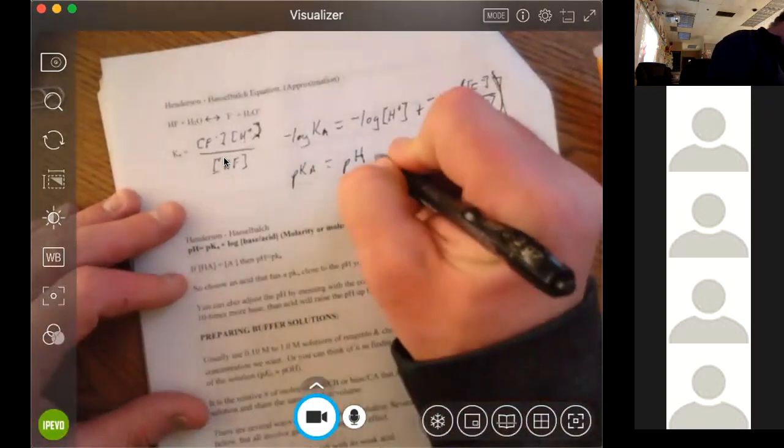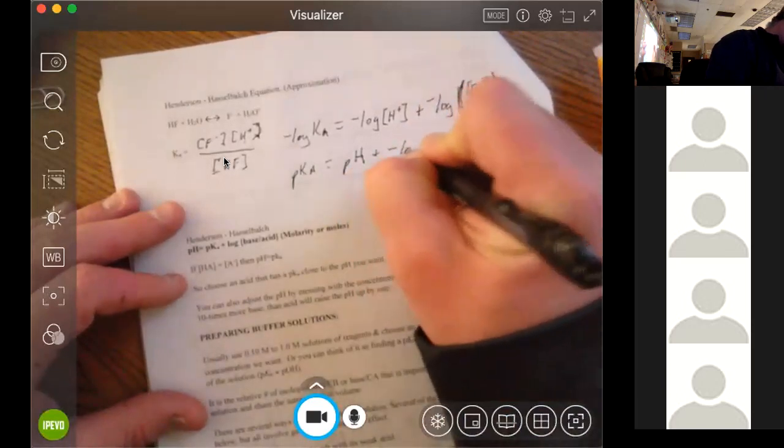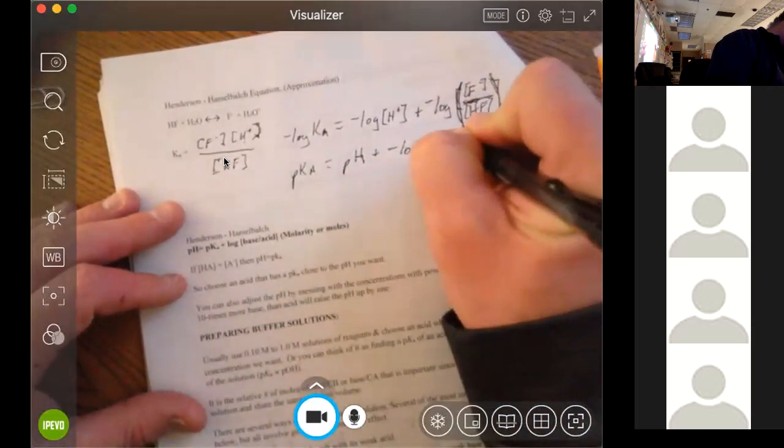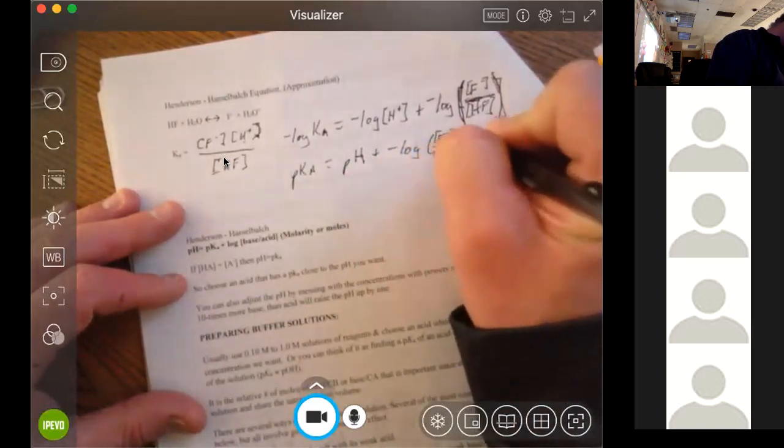So this is adding the negative log. So in reality, if we take this, I see it now. It's just 20 years of math ago.